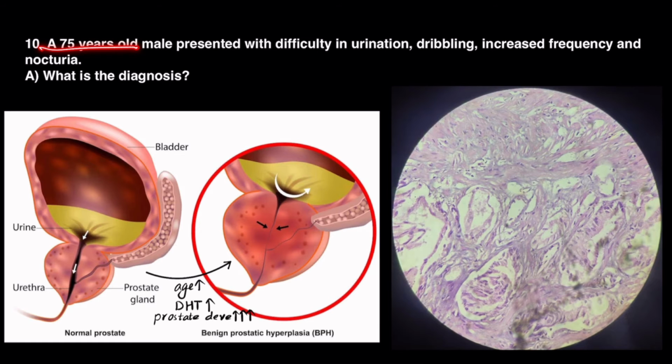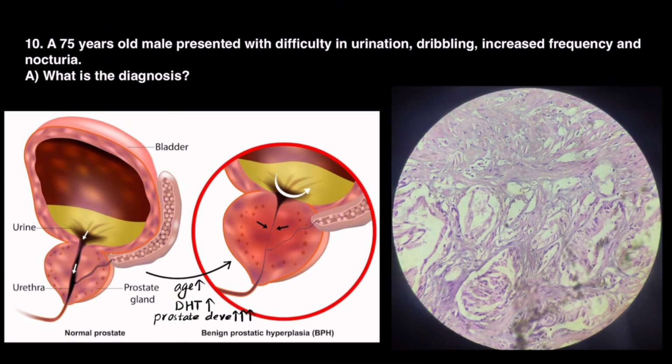A 75 years old male, notice the age by the way, 75 years, presented with difficulty in urination, dribbling, increased frequency and nocturia. See, around urethra is present the prostate gland. As you age or at an older age, there is high levels of dihydrotestosterone present in the body.